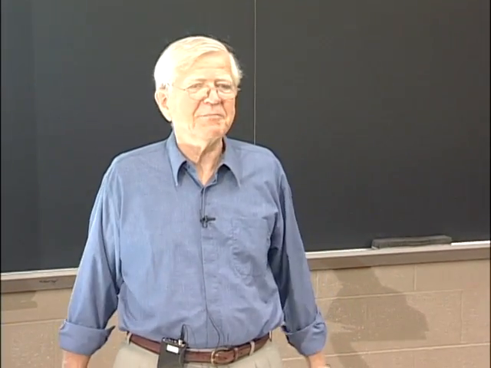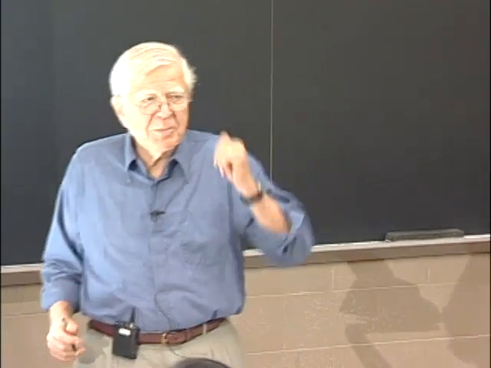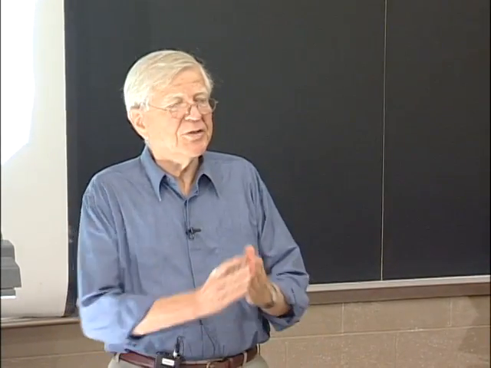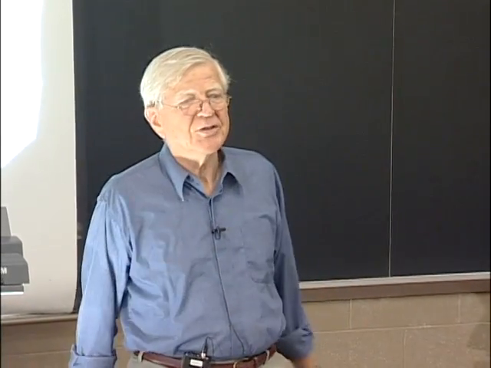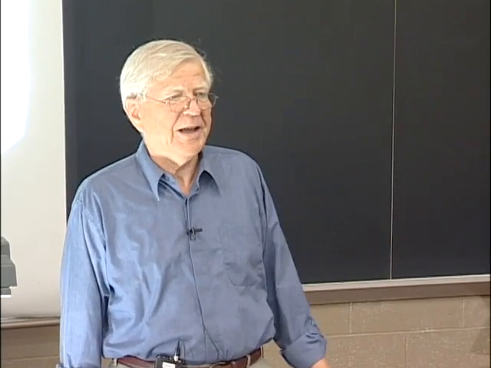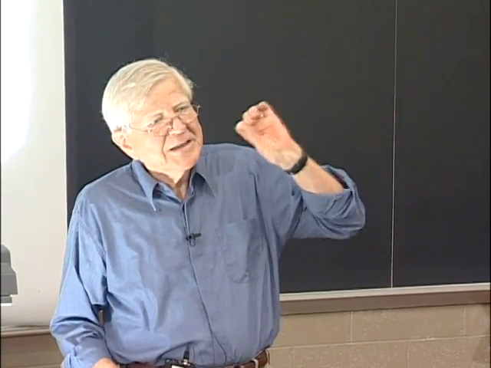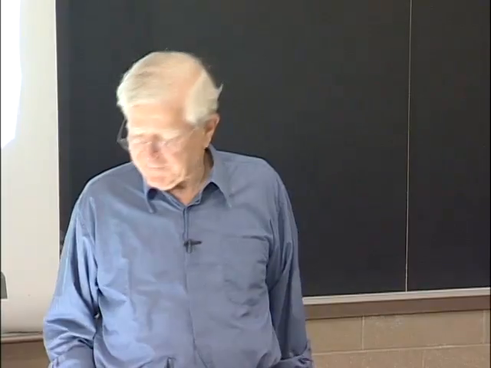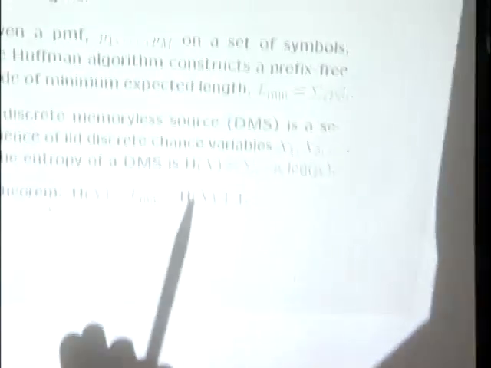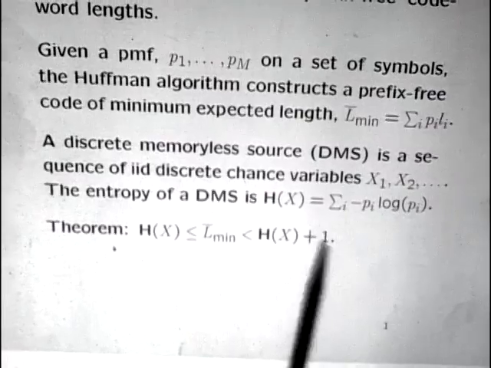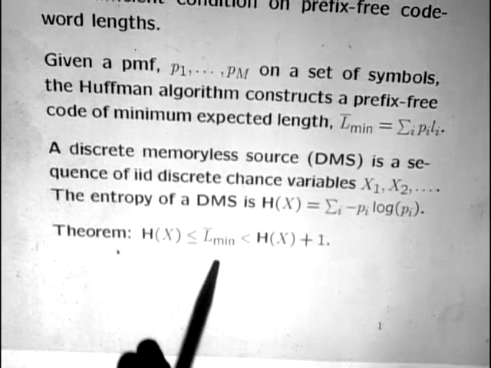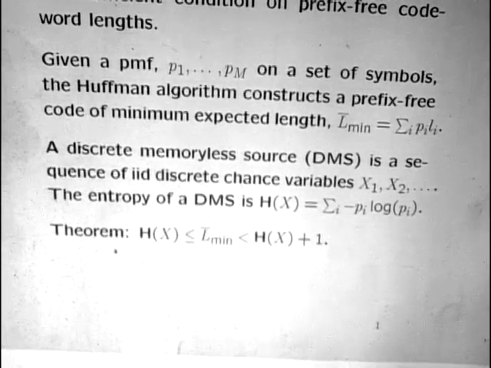You can't quite do that, because as soon as you make the probability of a 0 exactly 0, then you don't have to represent it; you just know that it's a sequence of all ones, so you're all done, and you don't need any bits to represent it. But if there's just some very tiny epsilon probability of a 0 and a big probability of a 1, then the entropy is almost equal to 0, and this 1 here is needed because L bar min is 1. You can't make it any smaller than that. Okay? So that's where that comes from.